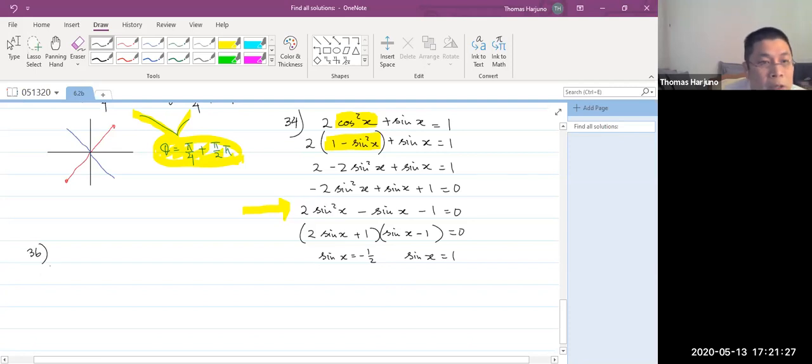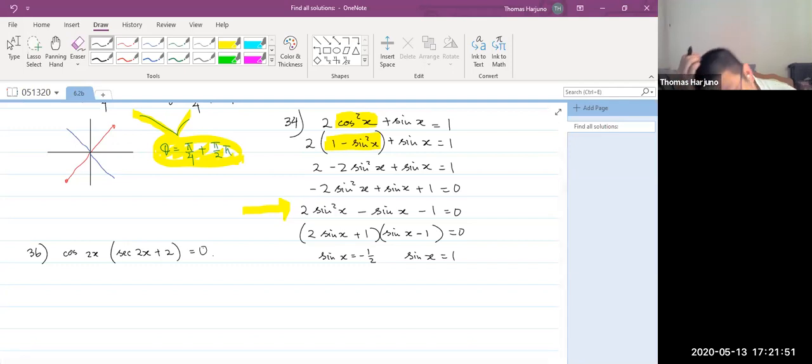So that's cosine of 2x times secant of 2x plus 2 equals 0. So that one is maybe 5 minutes from now.